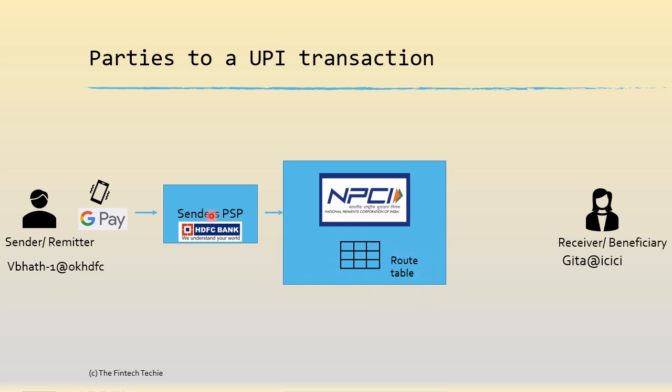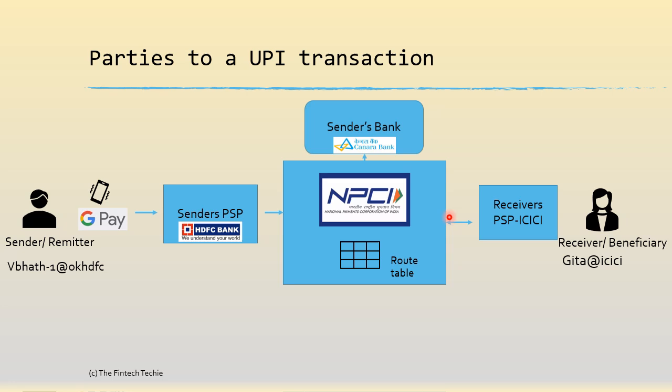At this time, the sender PSP sends only the Geeta@ICICI address. The account number does not exist. NPCI then sends this request to the receiver's PSP, in this case ICICI. Why ICICI? Because the to address has @ICICI. And then this PSP will respond back saying that Geeta@ICICI corresponds to so and so account number and IFSC code.